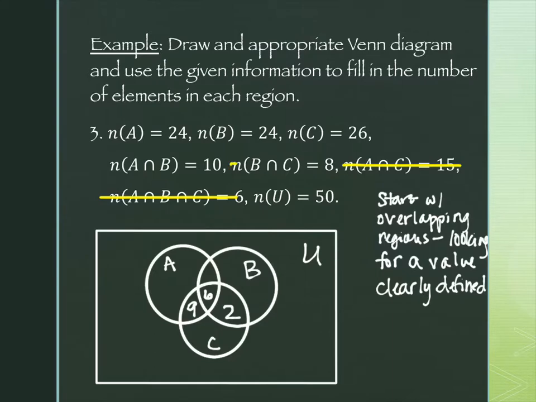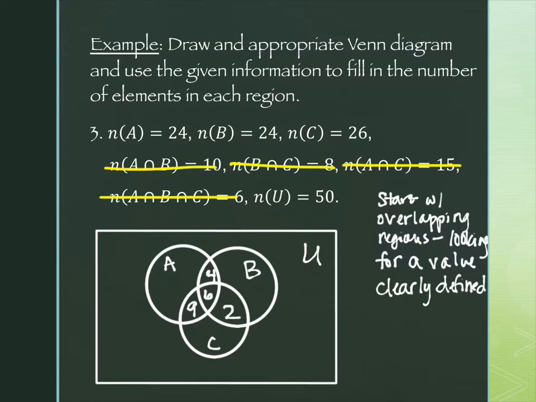And once I've done that, I'm going to rule out that I've taken care of that piece of information. There's one more of the intersect. It's A intersect B, which is, whoops, the right shading, this one. Supposed to add up to 10. 6 are accounted for in the middle. How many am I missing? 4. So I have 4 right here. And I've taken care of this piece.